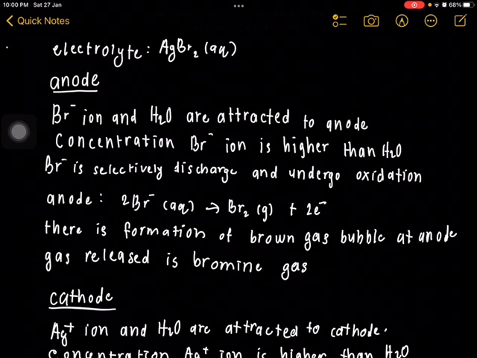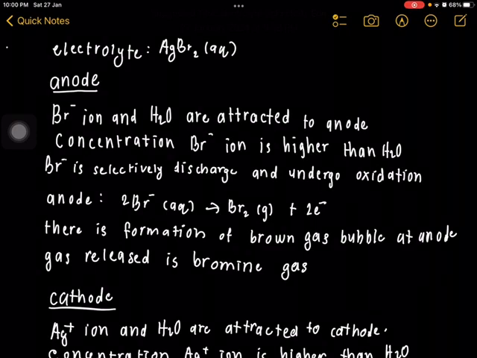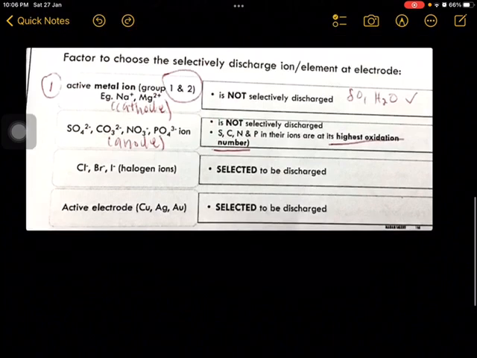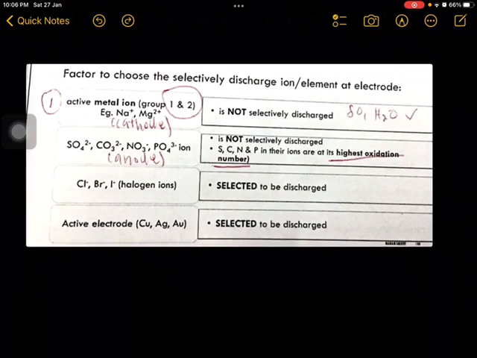For this case, we choose ions to be selectively discharged compared to water, because in a concentrated electrolyte, the concentration of ions is higher than water. In such cases, we need to refer to this factor. So in this case, for our question, Br- is a halogen, so it is selectively discharged compared to water.